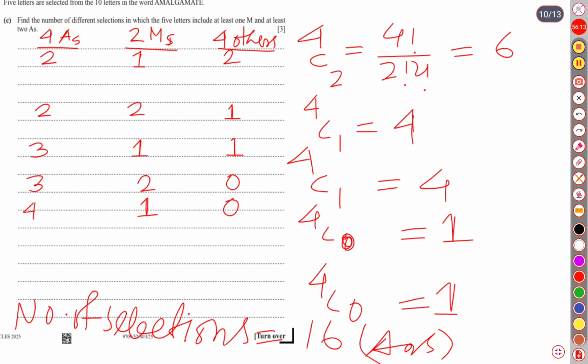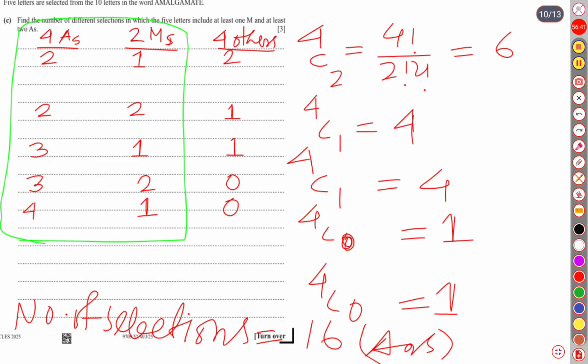That's why these first two cases have been ignored, because there is only one way in each case, and the rest of them have been calculated. So in total we have got 16. There are 16 ways to choose these letters according to this restriction.